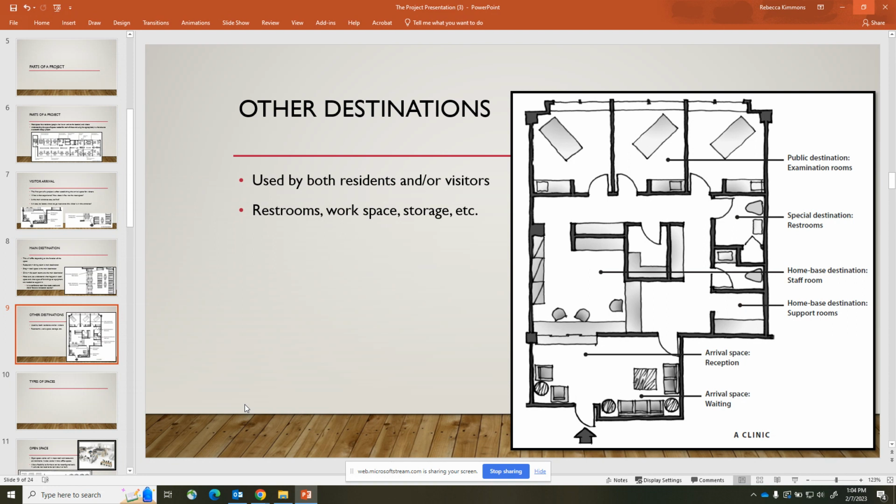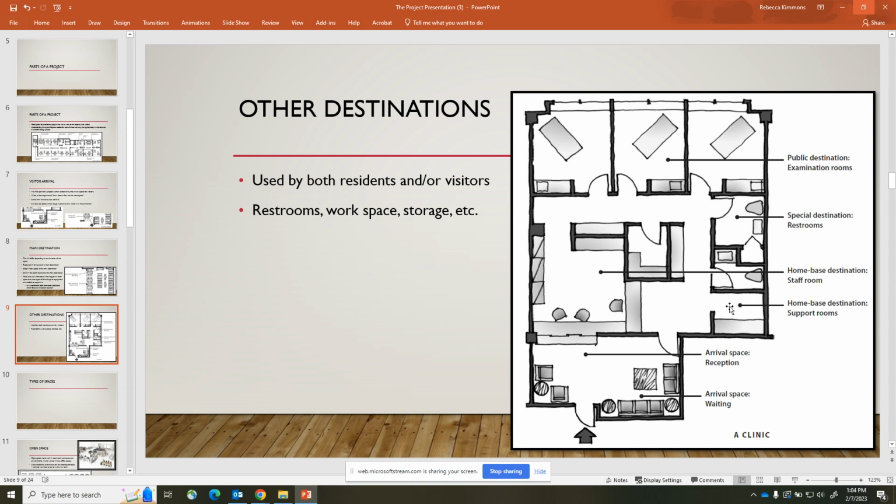There are other destinations that are not your main destinations. They can be used by residents and or visitors. The restrooms are often an example. It was in the office and in this example of the clinic as well. Workspace: that copy print area, who's using that? How much do they use that? So where does that need to be located?